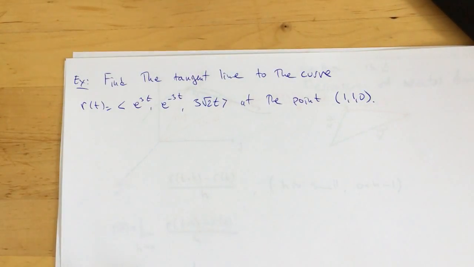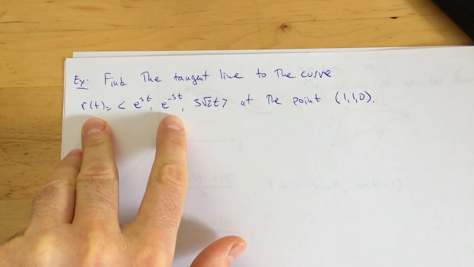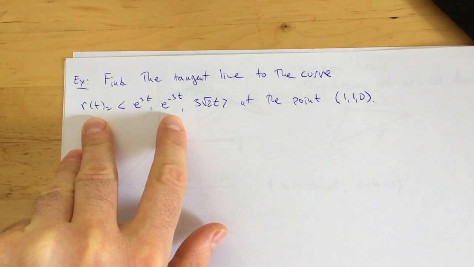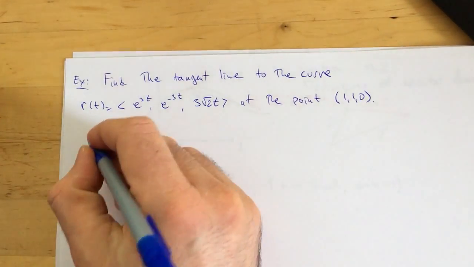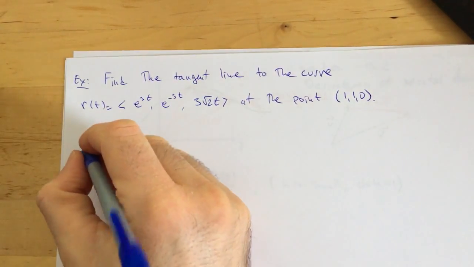Okay, first of all, let me remind you from the definition of the vector function, we can see that this vector function is in 3D, in 3 dimensions. So in that case, we have to choose, and this is your choice, whether you're going to write the vector equation of the line, the parametric equation of the line, or the symmetric equation of the line, unless, of course, it is specified.